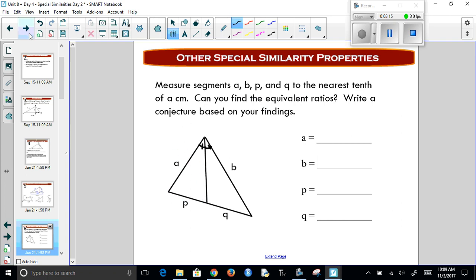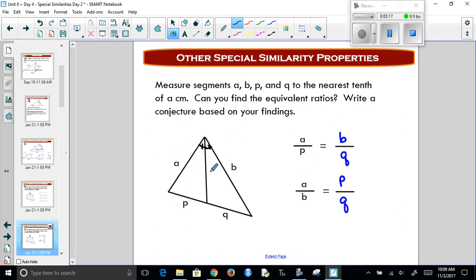So if I look at this, A over P is going to equal B over Q. Now, if we were going to do this in class, I'd have you measure A and P, B and Q, and try to find which ratios match up. But this is the main idea here.